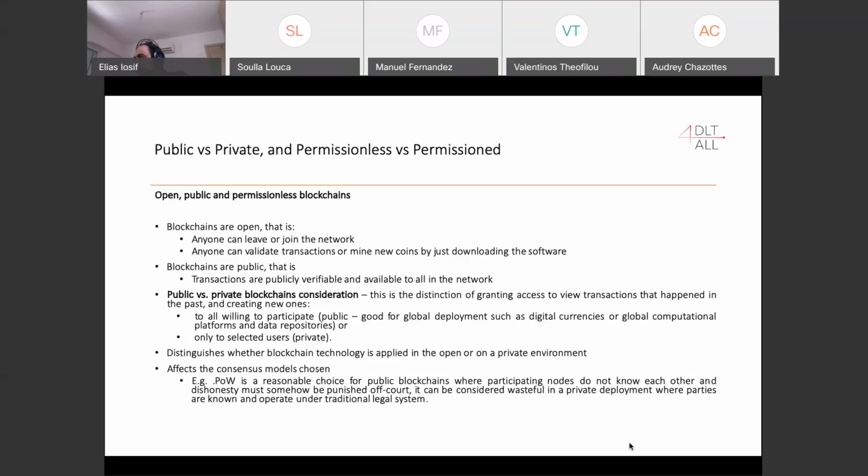So the take-home message is that the type of consensus algorithm depends, first of all, on the type of the underlying blockchain. I think that this is quite clear and makes sense. Correct?